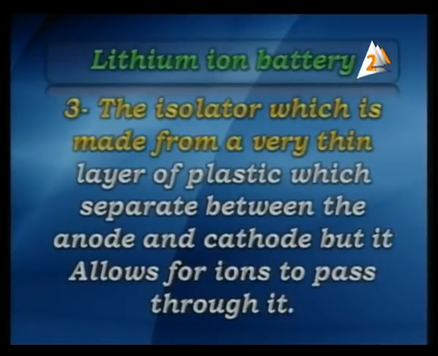Look for this. Number 3, the third part of this battery, is the insulator, which is made from a very thin layer. It is made of plastic, an insulator layer. Plastic is very important to make a separation between the anode and the cathode, but it allows ions to pass through it to make the reaction between the two parts and produce electric energy.